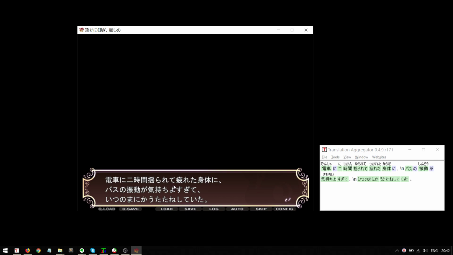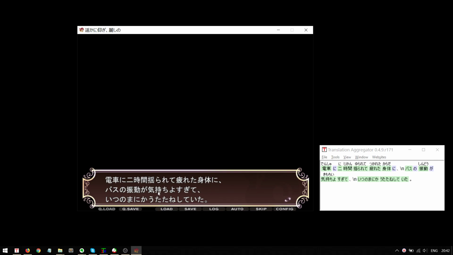In this case the te form means either before, so like he was shaken for 2 hours and then he became tired, or it just simply explains the process. So 電車に2時間揺られて, but because from that happening he got tired, 疲れた, the whole thing is modifying his 体, which is his body.